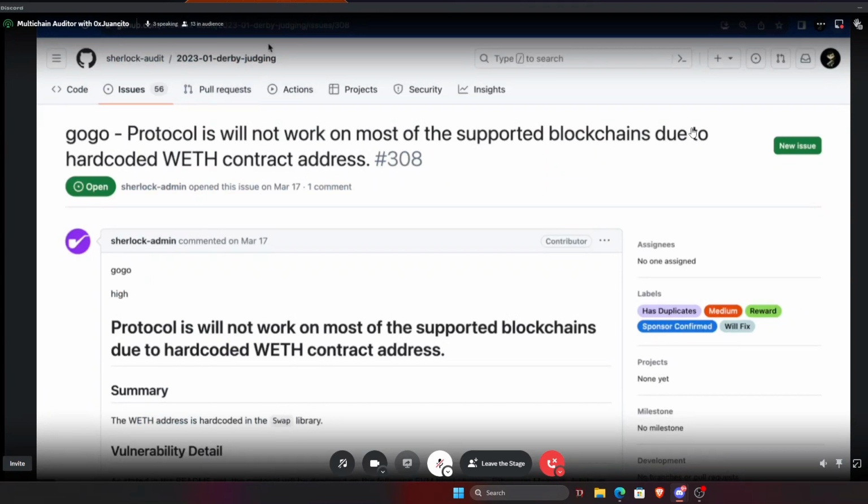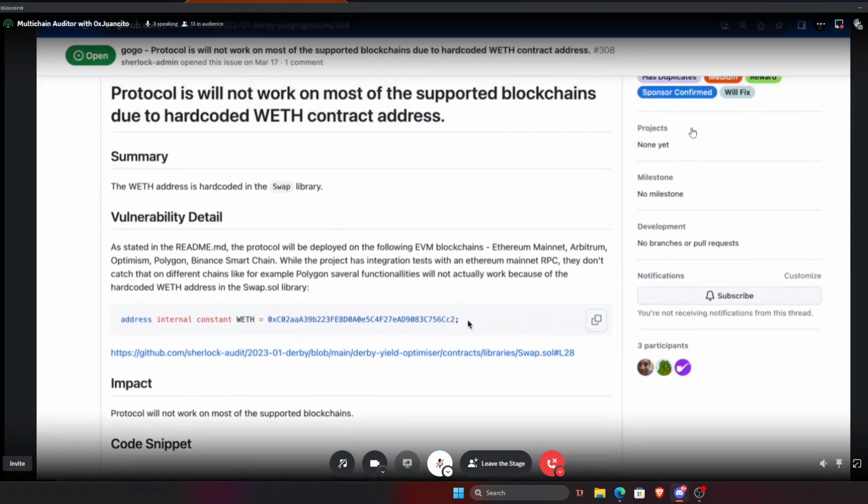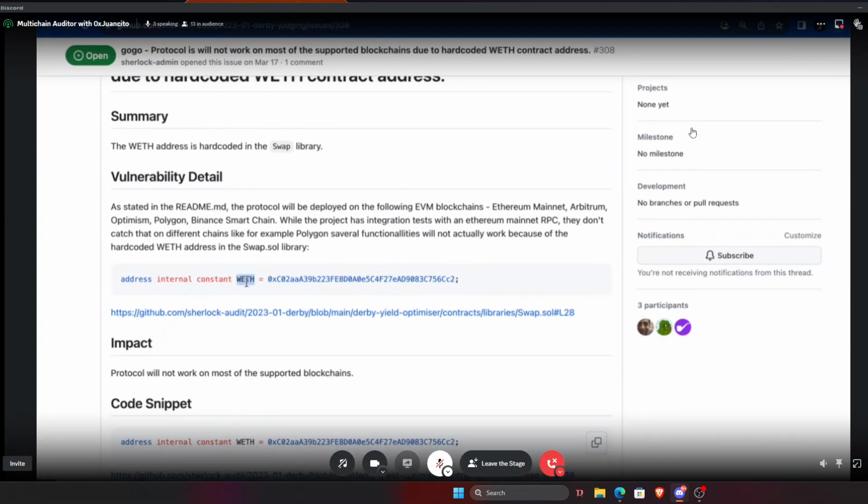This was not released, but it was on the Derby protocol contest on Sherlock. What happened here is that the protocol will not work just like that on many of the expected supported blockchains, just because they hard-coded the Rapidfair contract address. If you check the code, they have this line that says the contract address of Rapidfair is this one.